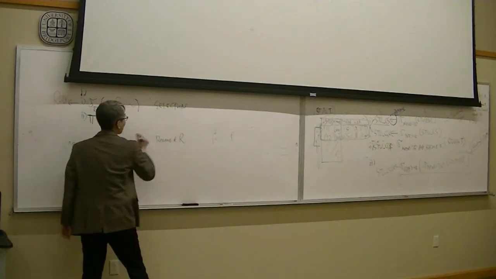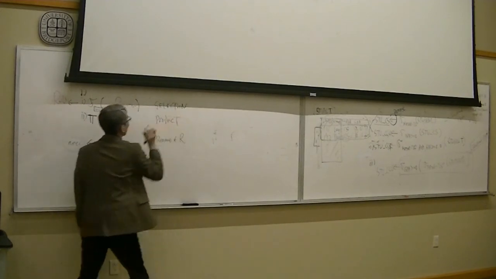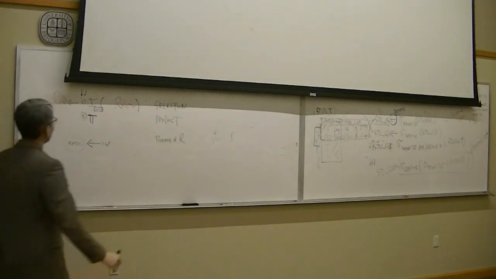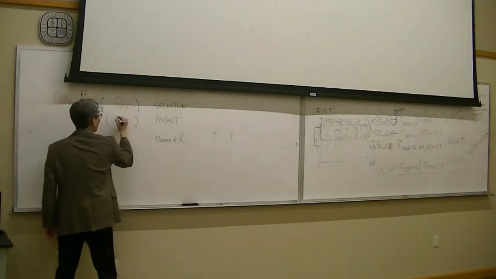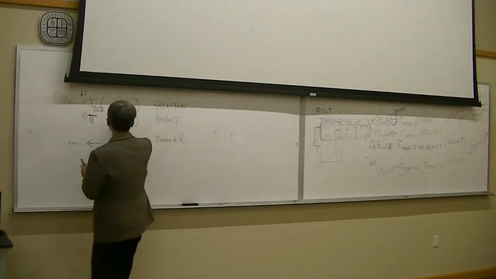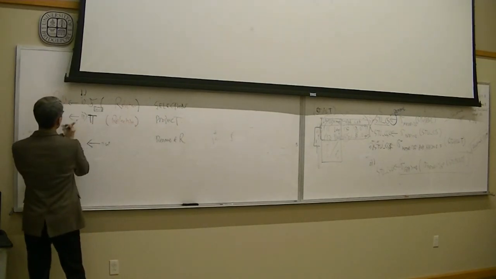This is the symbol pi, and this is called project. So project operation is also the same. Input is the relation, and output is also the relation.